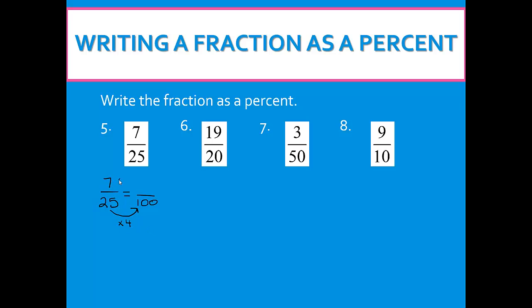So I can multiply the 7 times 4 to write my equivalent fraction. And 7 times 4 is 28. And since I know that percents are always out of 100, this would be equal to 28%.